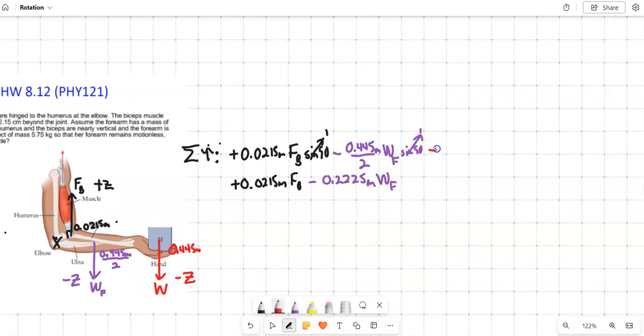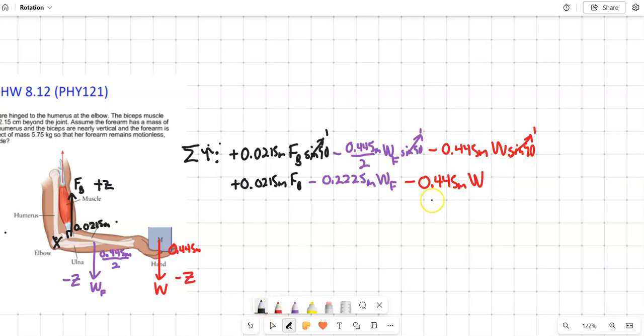That's going to be a negative torque. That's located at 0.445 meters, and that's the weight. Again, I forgot the sine of 90 degrees, which is just 1. So this is just going to be 0.445 meters times the weight.